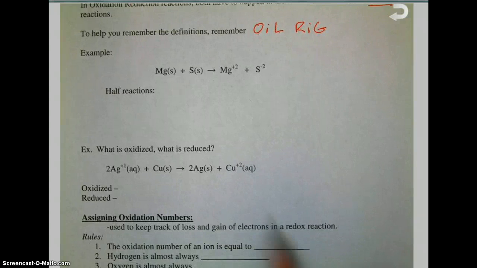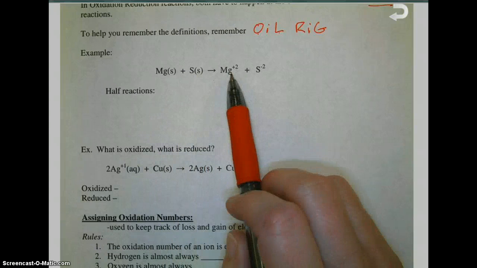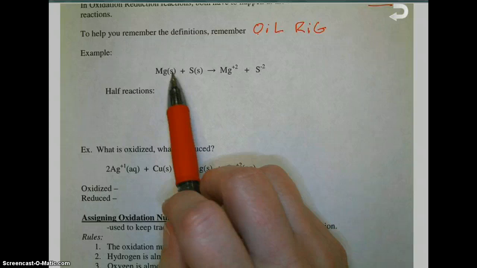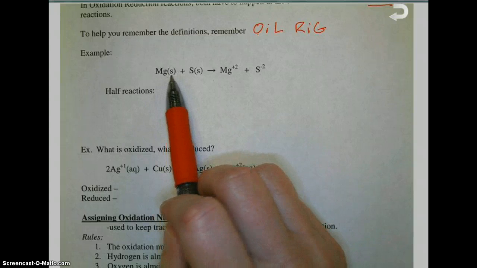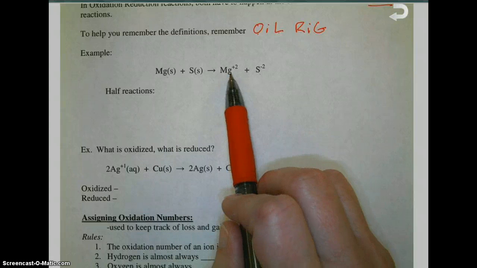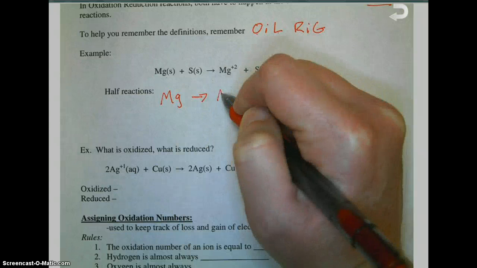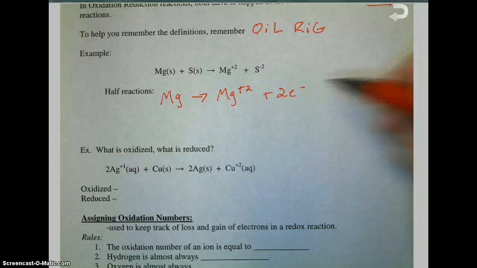So here we have solid magnesium reacting with solid sulfur to produce magnesium ions and sulfide ions. Okay, so let's start with the magnesium. Here it started out as a complete atom, and then it turned into an ion with a +2 charge. So what happened was the magnesium lost 2 electrons.